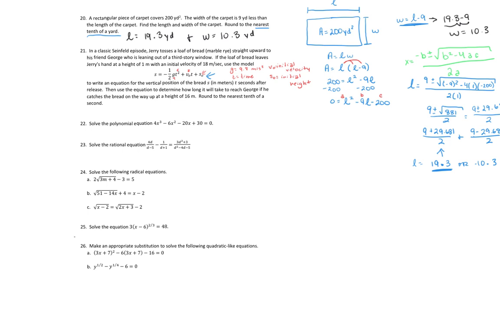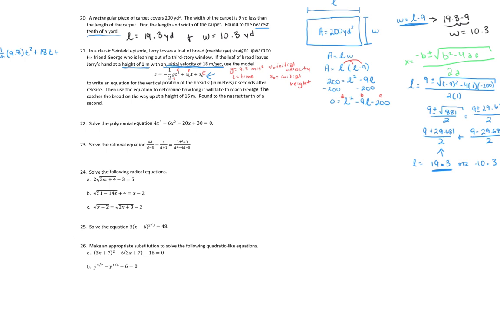So, knowing these four things, we don't know what height we finished at, but we do know our gravity is this 9.8, and then we don't know t, but we do know our initial velocity, as it says right here, 18 meters per second times that time t we don't know about yet, plus our initial height, which it says here that the loaf of bread leaves his hand at a height of 1 meter.